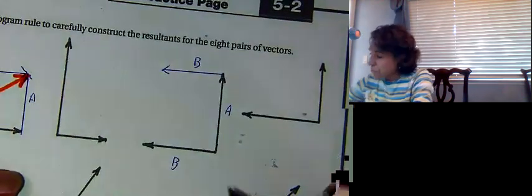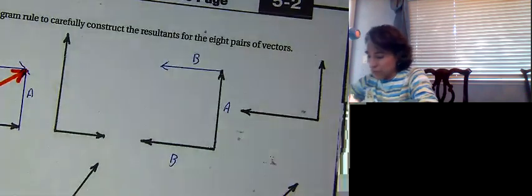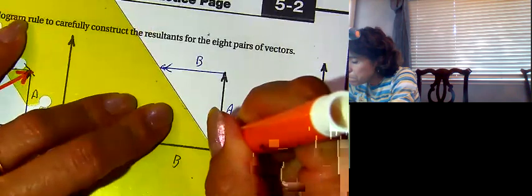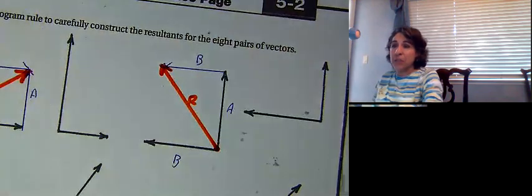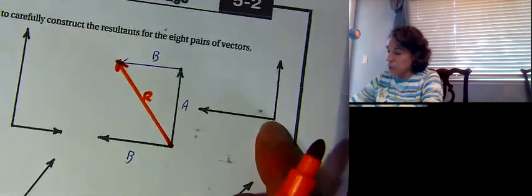All right, so now I have to start where I started and end where I ended. Doesn't look like I went far enough with the B. Maybe it's supposed to be out to here a little bit. All right, start where I start and end where I ended. There we go. And there's my resultant vector. So I'll let you guys do that one. Very similar. You get really good at this.